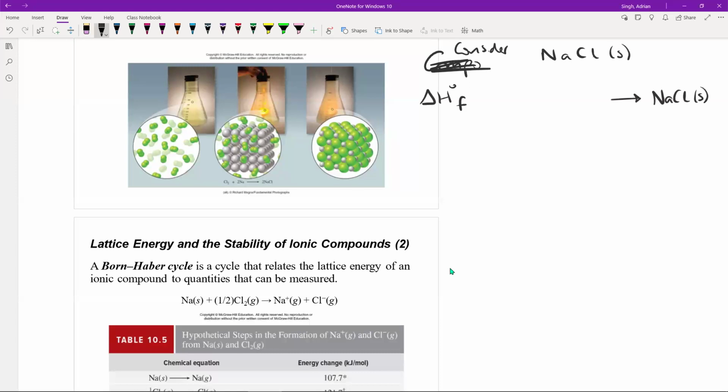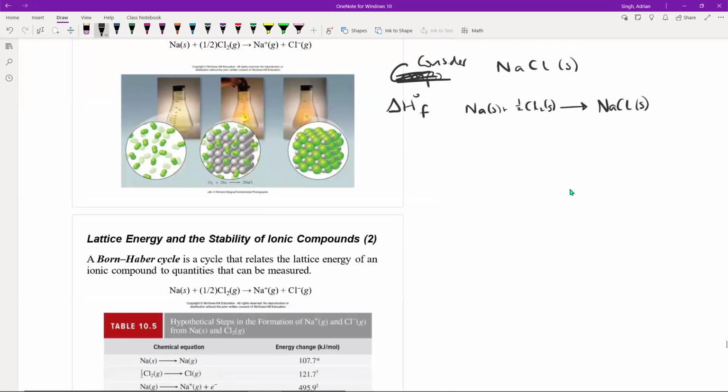So that would be sodium plus Cl2, chlorine gas. And in order to make 1 mole of the NaCl, we actually have to have half of this. Remember, this is something that's tabulated. So the delta H for this process is negative 411 kilojoules per mole.